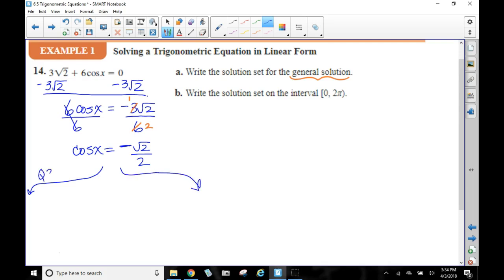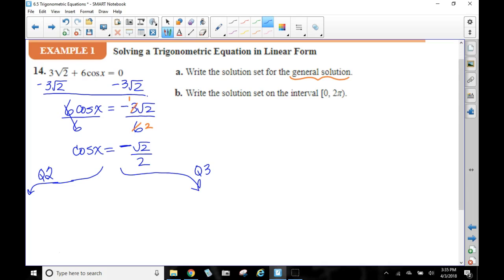Cosine is negative in quadrant 2, and I'll put quadrant 3 over here, we'll kind of go in order. In both quadrant 2 and quadrant 3, we're going to have a cosine value of negative square root of 2 over 2 every time we have a 45 degree or pi over 4 reference angle.